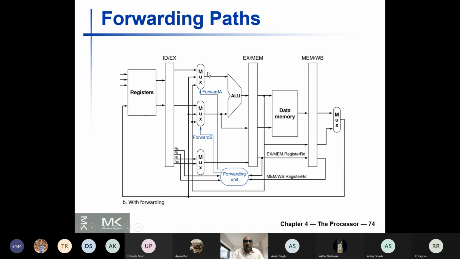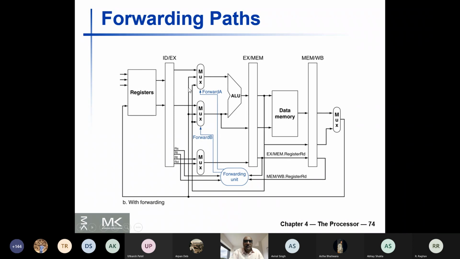For the top multiplexer, one input is from the register operand directly. The other inputs are the possibilities of forwarding: one from the output of the EX stage, and the other from the output of the memory stage.